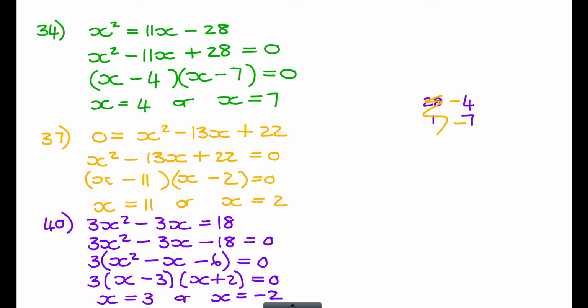Okay, so if you look at these brackets, let's say we make the first bracket 0. Then the second bracket still remains x plus 2. 3 times 0 is going to be 0. And that 0 times this bracket is still going to be 0. Okay? So let's just change the two brackets.